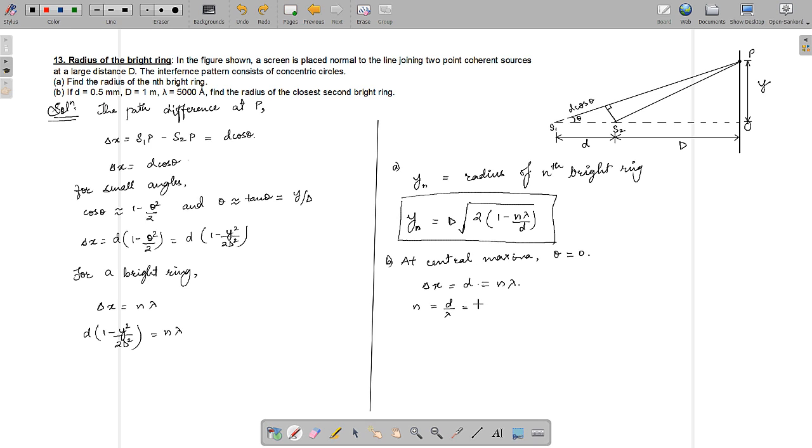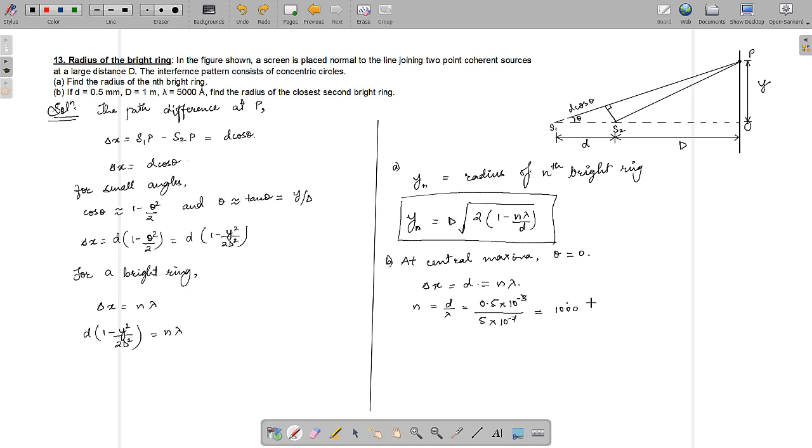So d is given as 0.5 mm, that is 0.5 into 10 to the power minus 3, upon lambda, which is 5000 angstrom, that is 5 into 10 to the power minus 7. So n comes out to be 10 to the power 3, that is 1000. The central maxima will come for n equal to 1000.